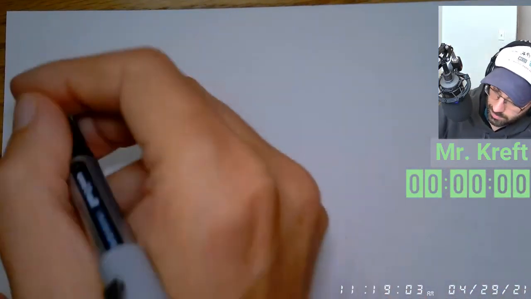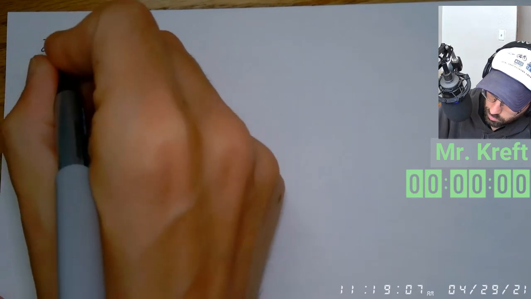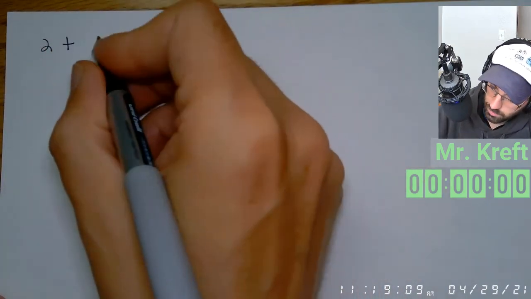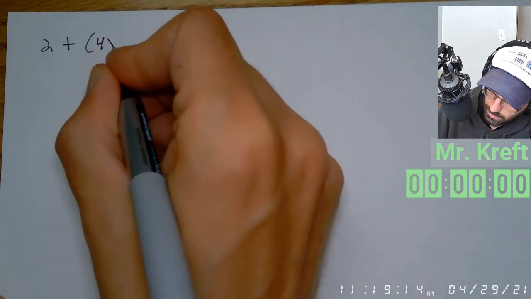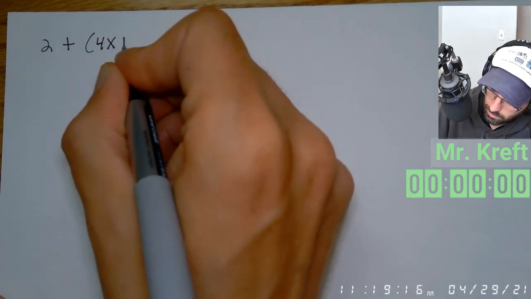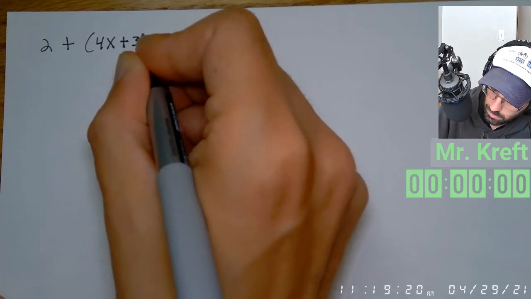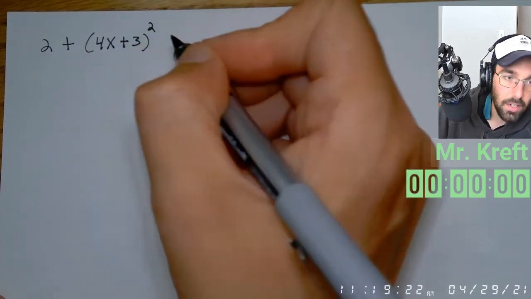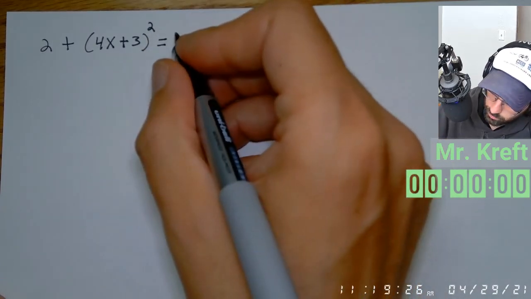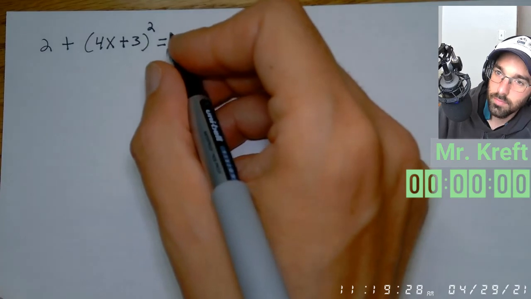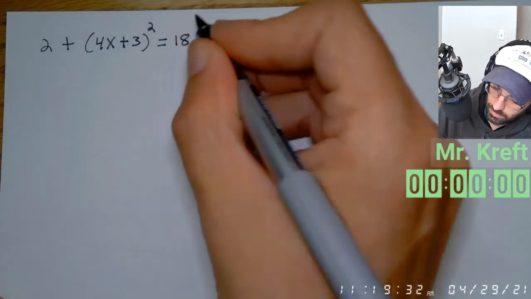So let's see here. Let's say I'm going to do 2 plus the quantity of 4x plus 3 quantity squared equals 18.